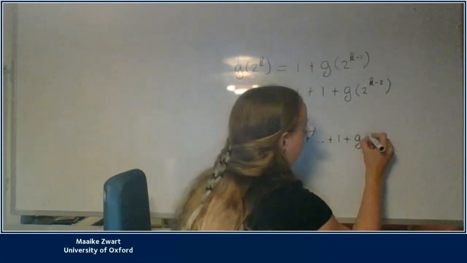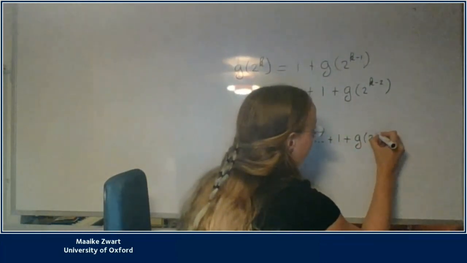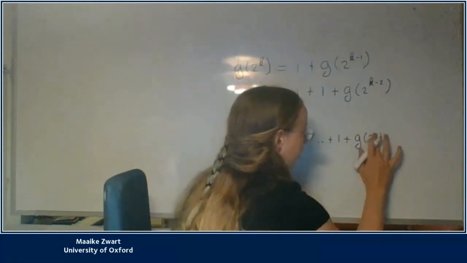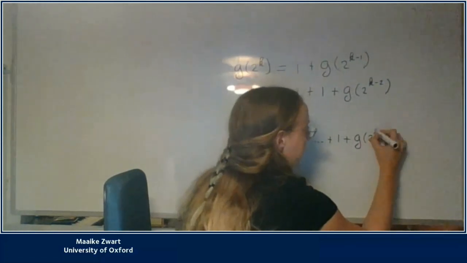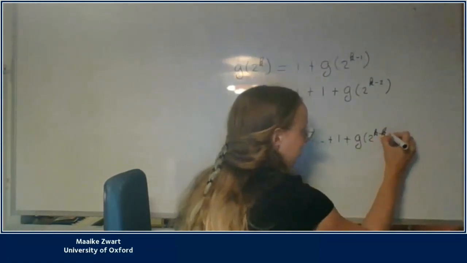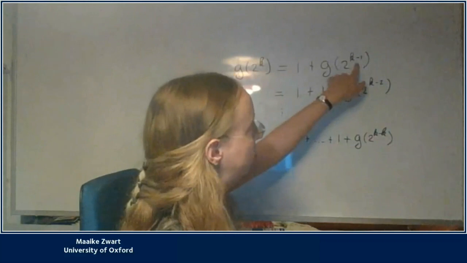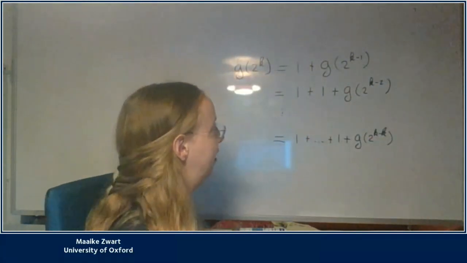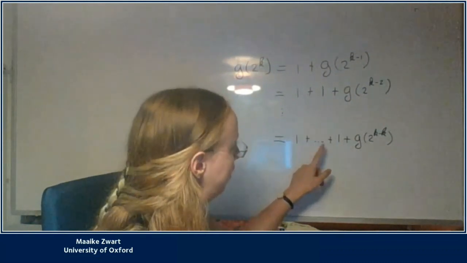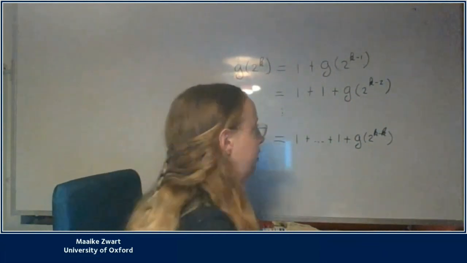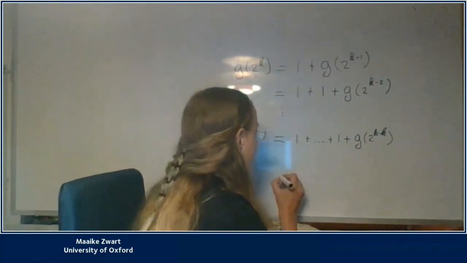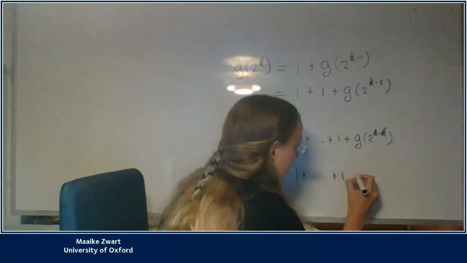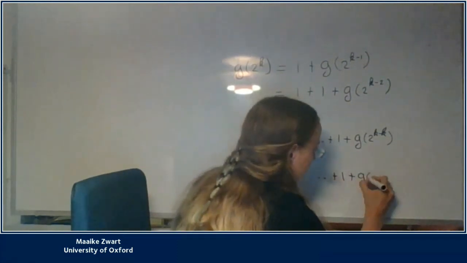And then we're going to have a g of 2 to the power of 0, which instead of 2 to the power 0, I'm going to write as 2 to the k minus k. As you see, we have k minus 1, k minus 2. We're going to do that all the way to k minus k. And then this is 1, so that will be g of 1. So if I'm going to write that again, I have a bunch of 1s, and then plus g of 1.